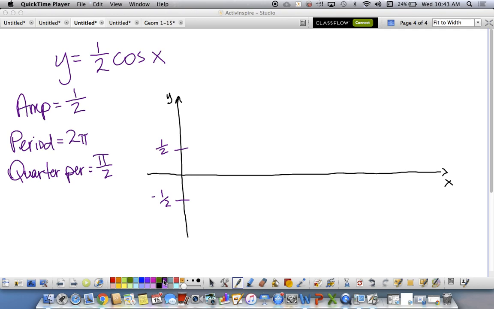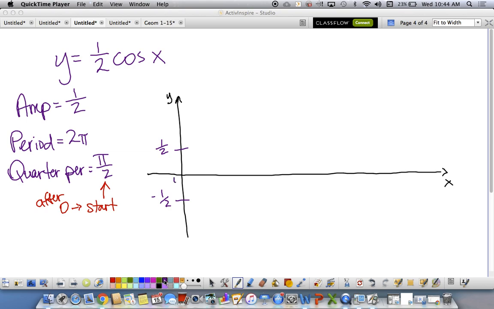Now the period. Let's go ahead and lay out our x values, our key points, and we're going to start here. After 0, start at your quarter period. You multiply 1 times anything, which is itself.